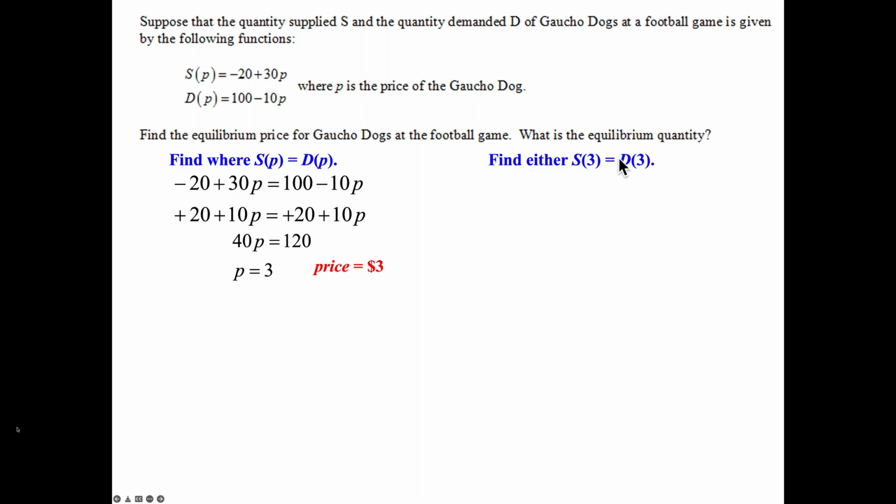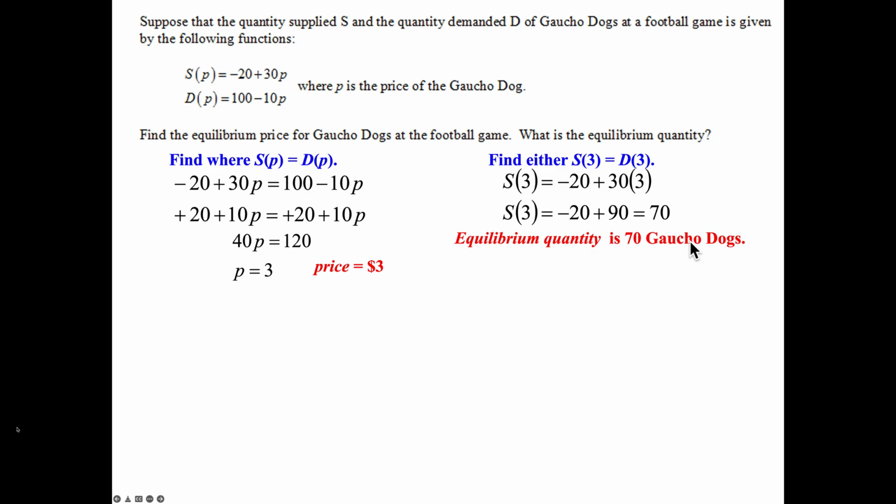So S of 3 has to be equal to D of 3. It doesn't matter which one you solve. I went with S only because the P term was positive and I like to stick with positive terms. So negative 20 plus 30 times 3, well, that's 90. Negative 20 plus 90 is 70. I need to have 70 gaucho dogs ready to go in the concession stand.